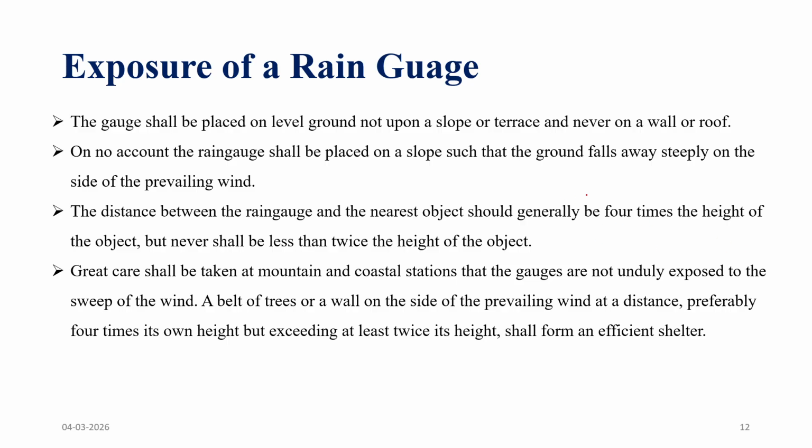Indian Standard IS 4986 gives some guidelines for installation of a rain gauge. The rain gauge must be placed on level ground. It should not be placed on a slope, terrace, wall, or roof.